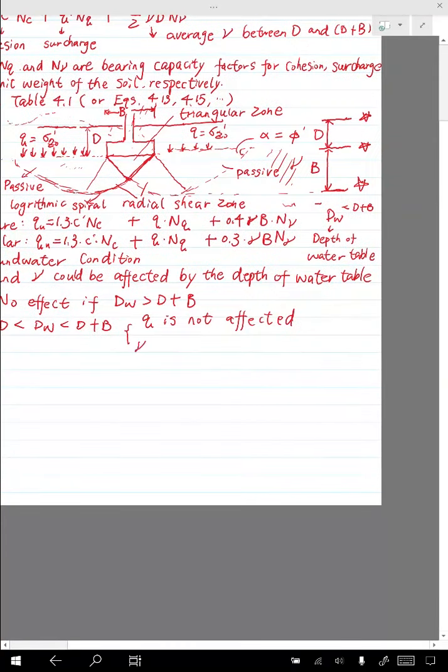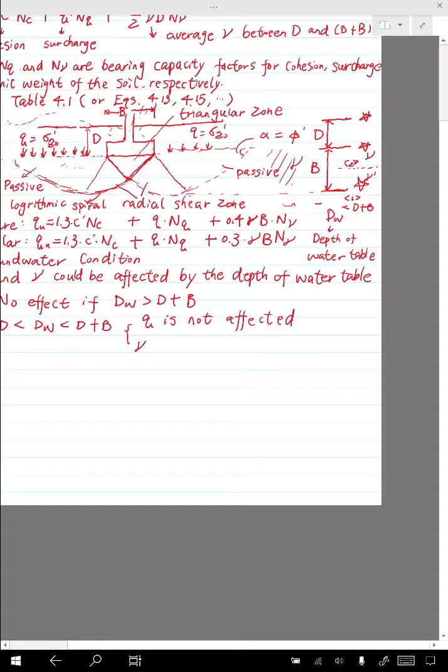But gamma will be affected. For example, this is case 1. If case 2 is here, then we have part of this zone below water table and a part above it. And for the part below it, for the case 2, we need to use the gamma prime. That's the buoyant unit weight. And above it is the natural unit weight.